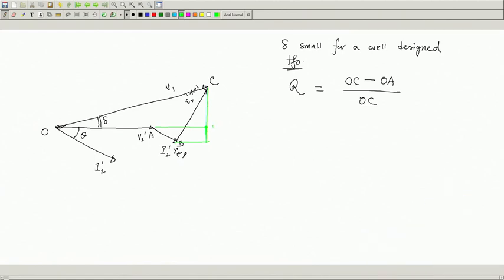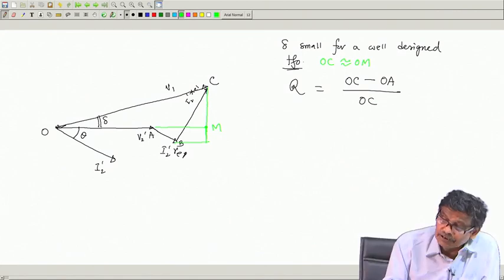Suppose this I call point M. Since delta is small, then I can say that OC is approximately equal to OM, is it not? This length will be approximately equal to this length.